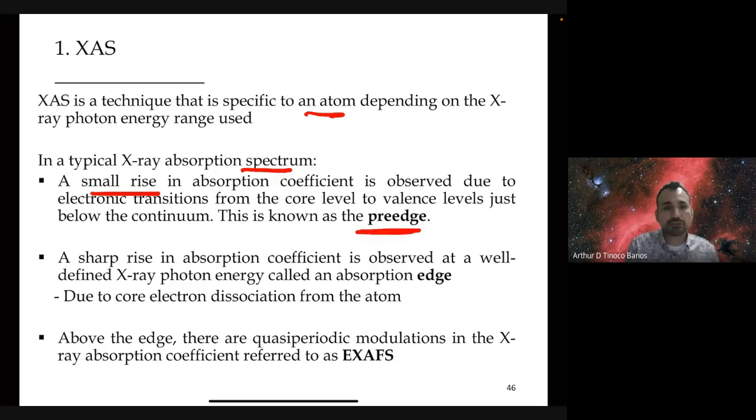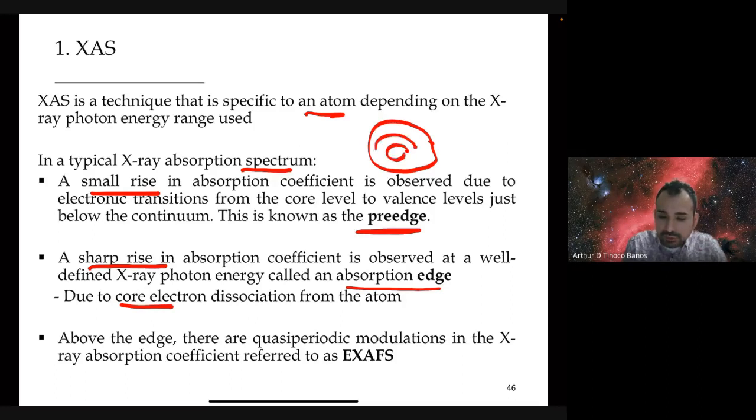and this corresponds to what is known as the pre-edge. Then you have what is known as a sharp rise in the absorption coefficient, which is observed at a well-defined X-ray photon energy called an absorption edge. So what's happening here? Well, now we have the core electrons that are actually dissociating from the atom. Let's imagine we have this atom, and I'm going to draw a really poor representation.